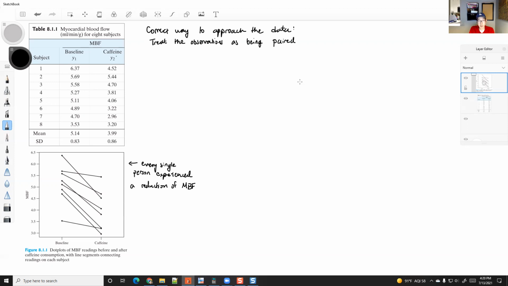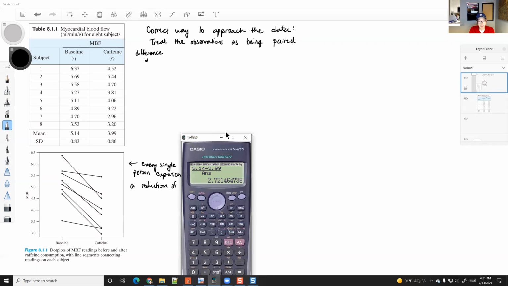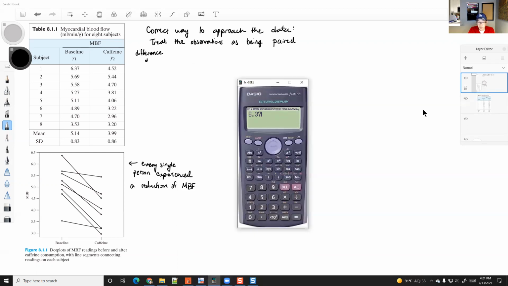Okay, and so what this means is that we have to calculate a column called the difference, and we're going to call this D, all right? For each of these values, I'm going to subtract: 6.37 minus 4.52. You know what?